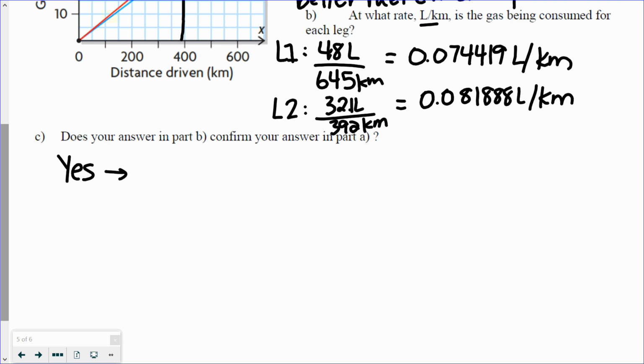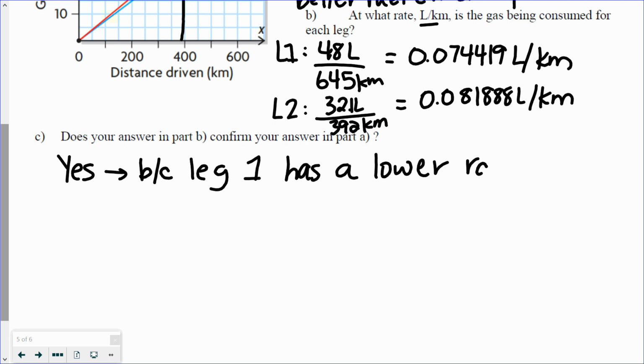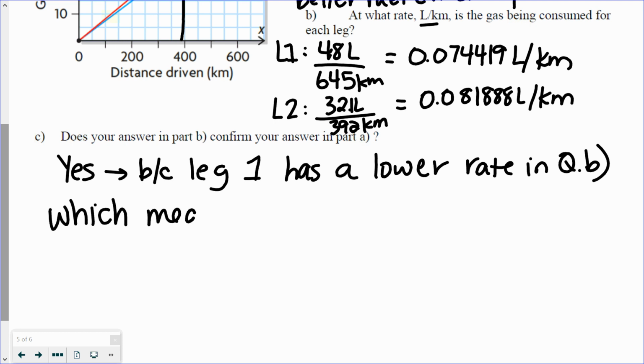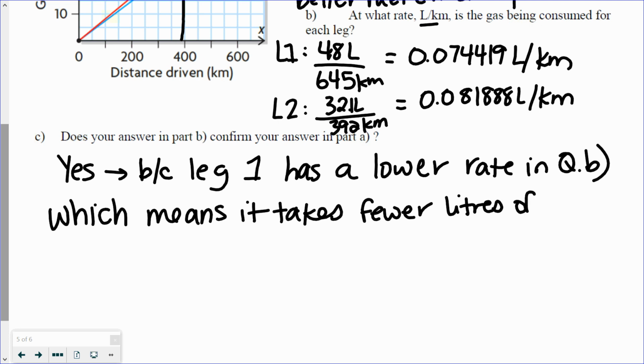And again, that's because leg 1 has a lower rate in question B, which means it takes fewer liters of gas to travel 1 kilometer.